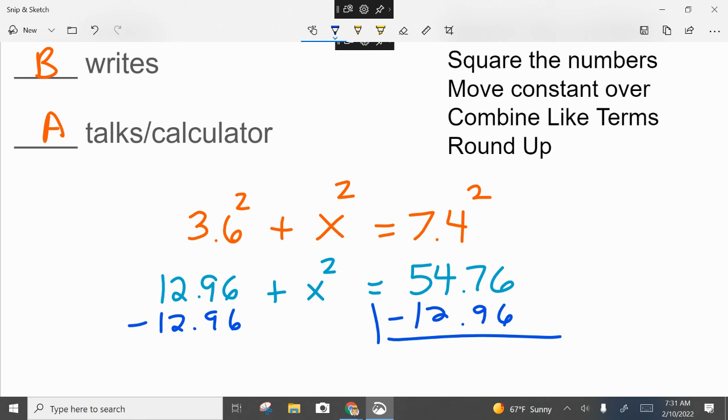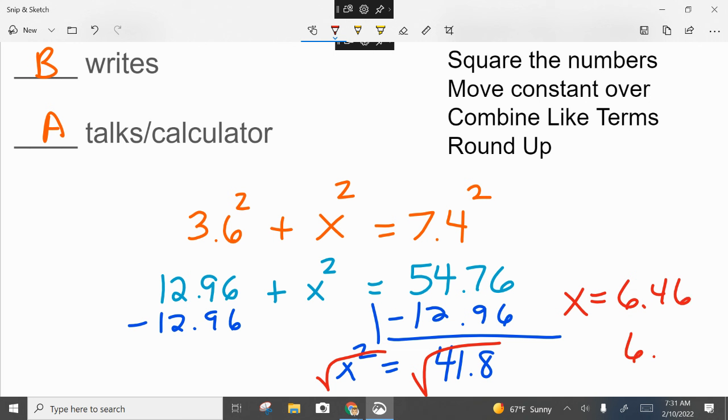And when you do that subtraction, you get 41.8. And what's your last step? Square root it. And x is going to equal 6.46, which turns into 6.5. Okay. Very cool, very cool, very cool.